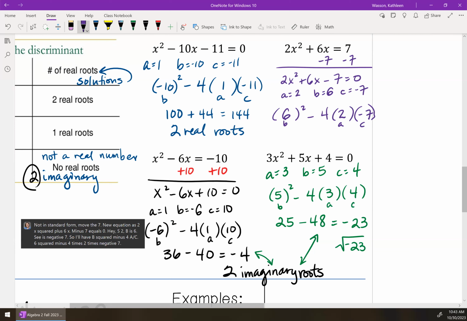If one of the numbers over here is negative, then that will negate this and you'll have a positive answer. 36. Negative times negative is positive. 4 times 2 is 8, times 7 is 56. This is positive 92. I have 2 real roots again.